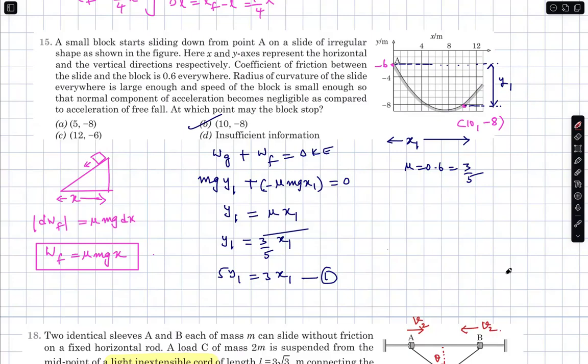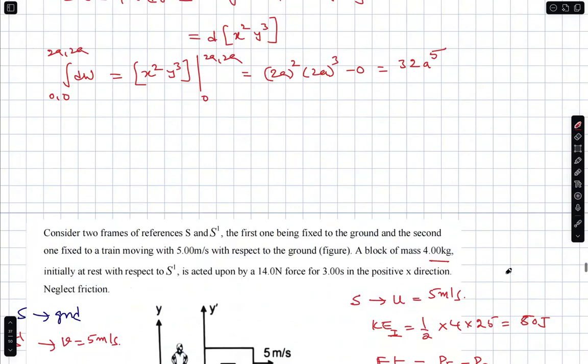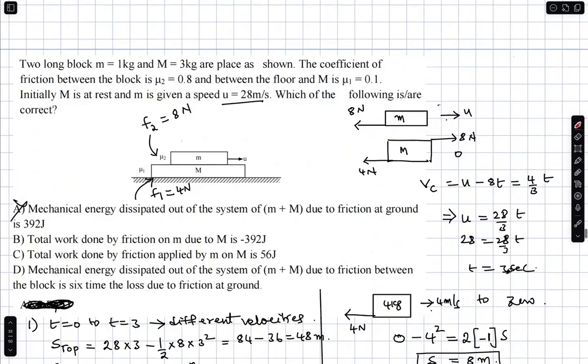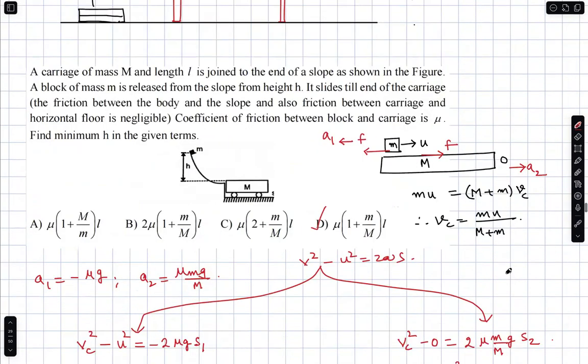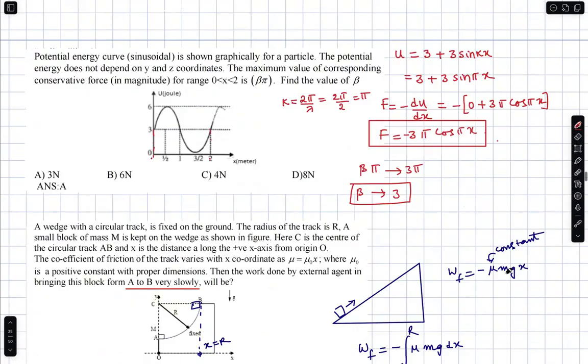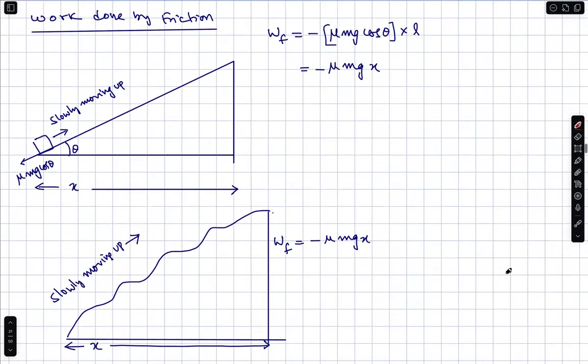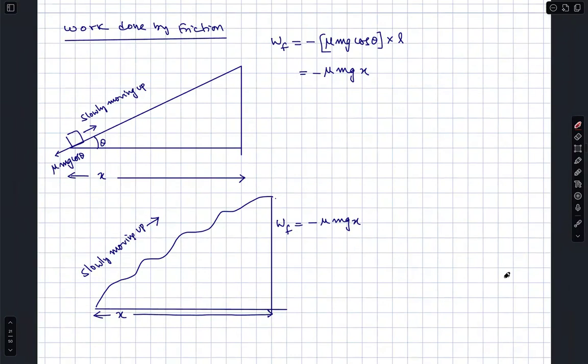You know, I have taught you some theory earlier. What was that theory? I'll just show you. I don't know whether you observed this or not. If it is a fixed inclined plane, you are slowly hauling it up onto the top of the inclined plane.